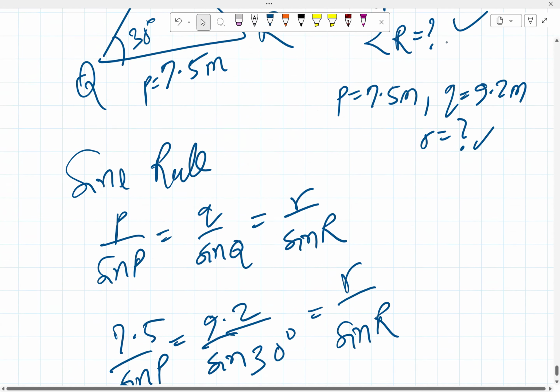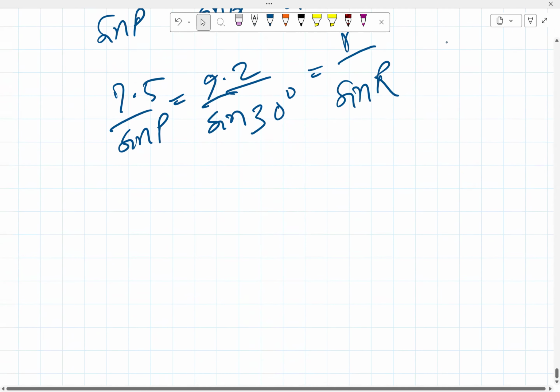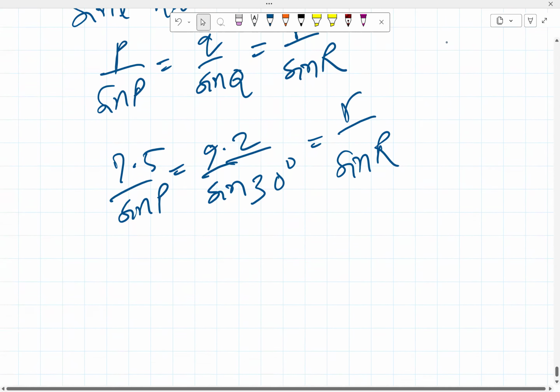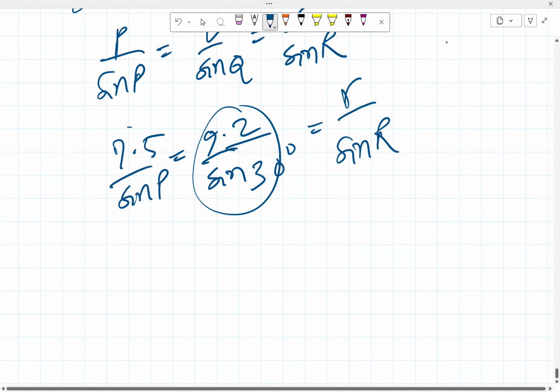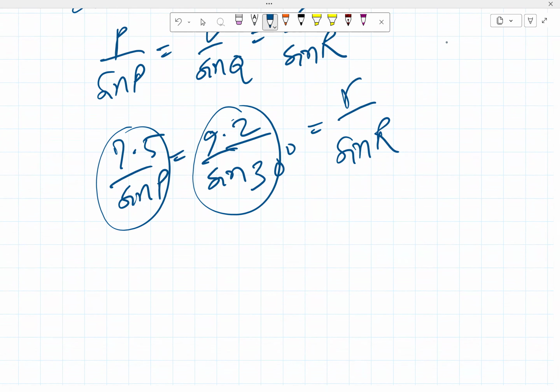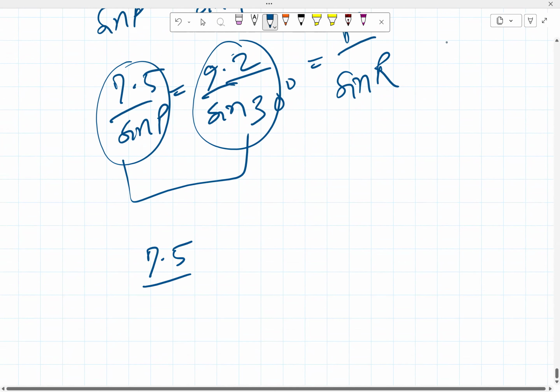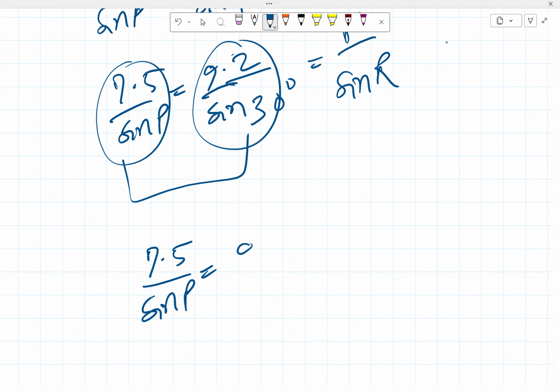We don't know either of these two, but once we find P, we can easily get R. So we can easily combine these two instead of combining with the other one, because nothing is known there. So let's combine these two together and find angle P. We have 7.5 all over sine P equals 9.2 all over sine 30 degrees.